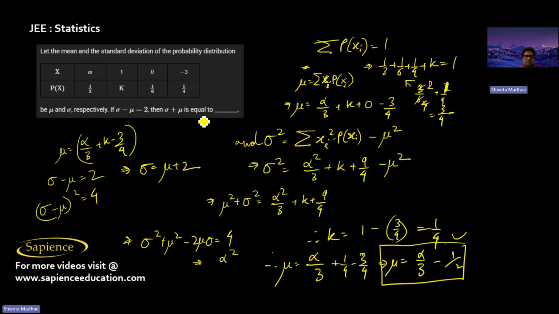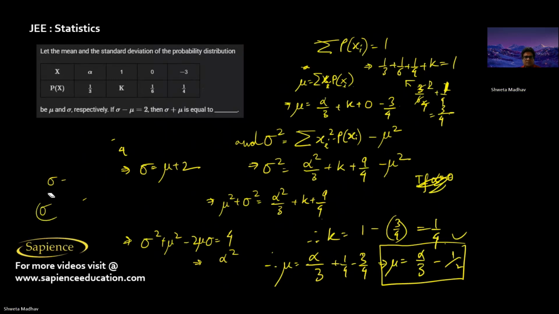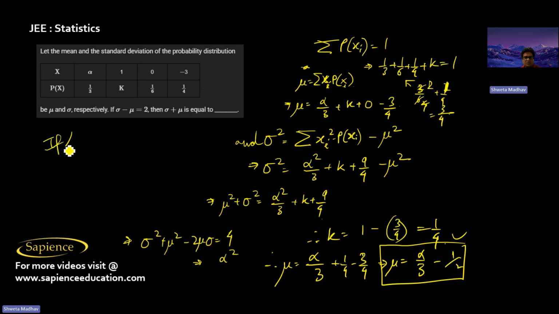Now, if alpha is 0, then mu will be equal to minus half, and sigma is equal to mu plus 2.